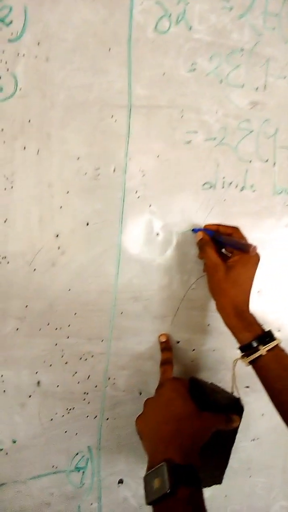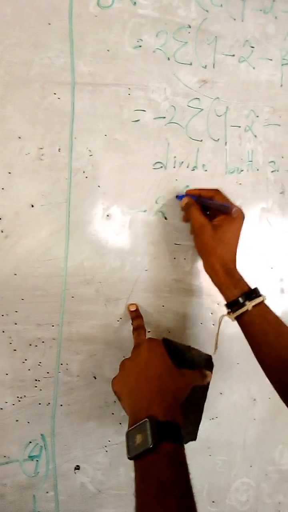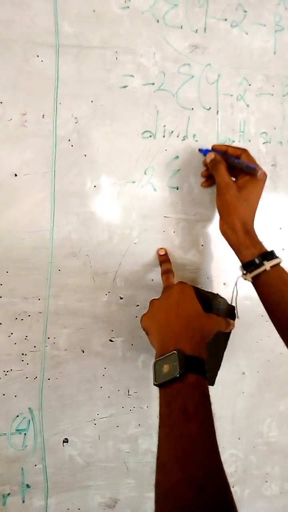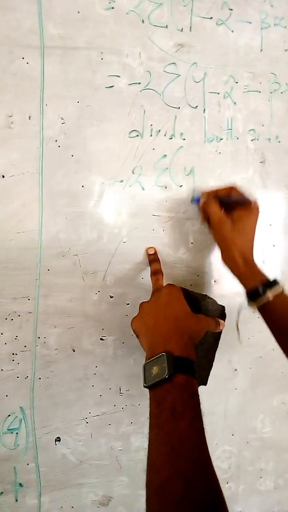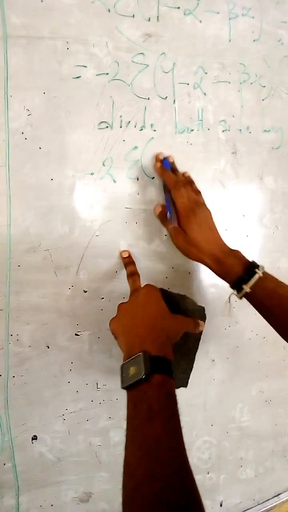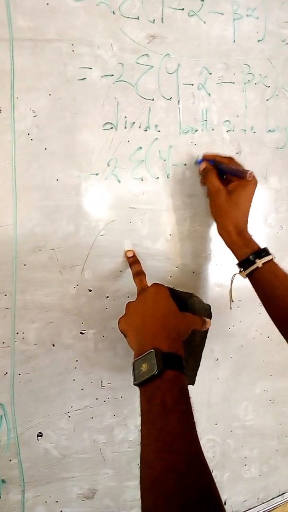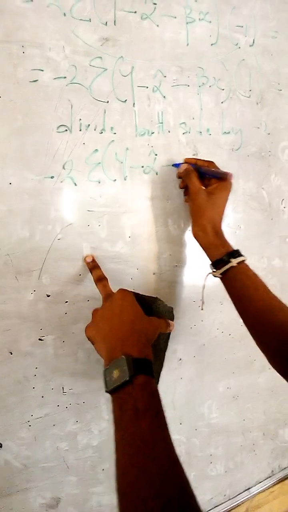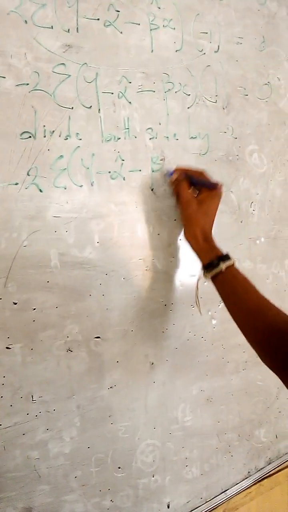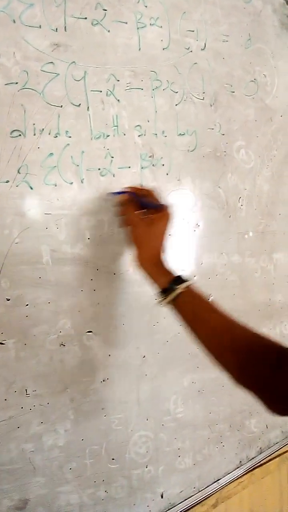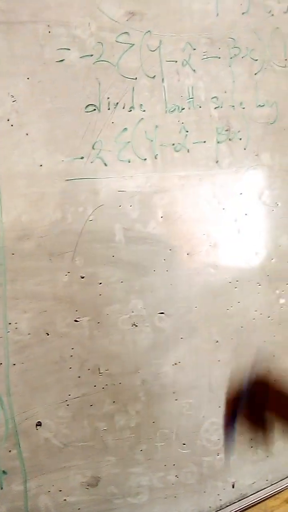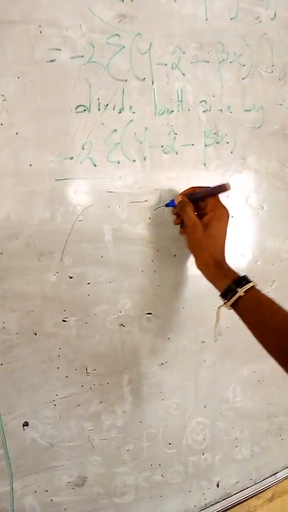We have minus 2 into y minus alpha cap minus beta cap x, bracket close, everything over minus 2.